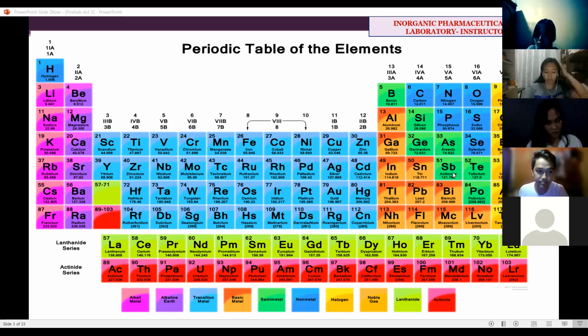And then we have the dark blue ones here: carbon, nitrogen, phosphorus, oxygen, sulfur, and selenium. Those are our non-metals. But actually, the ones in green from 7A, fluorine, chlorine, bromine, iodine, astatine, and even tennessine, and also the noble gases, are also non-metals.